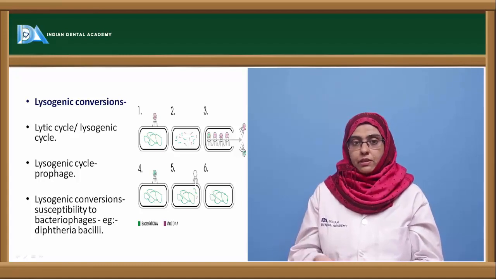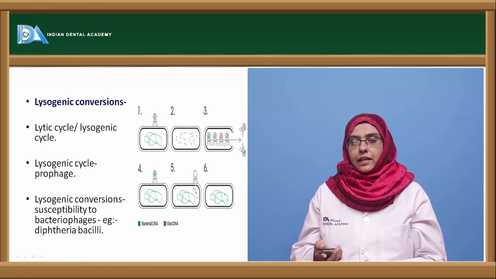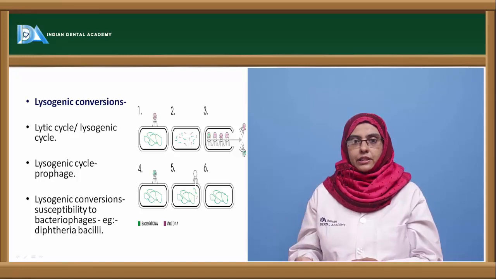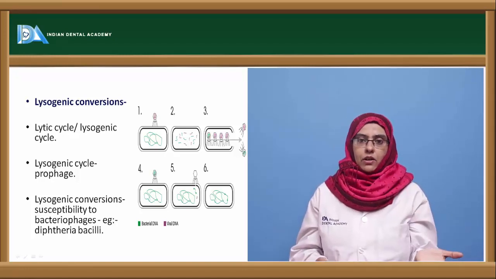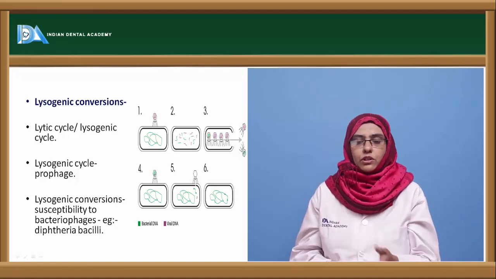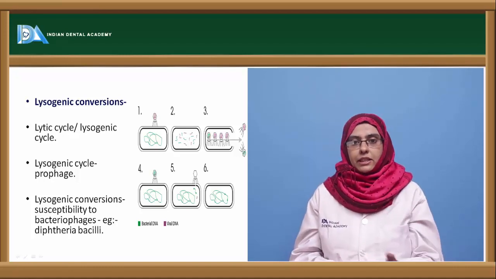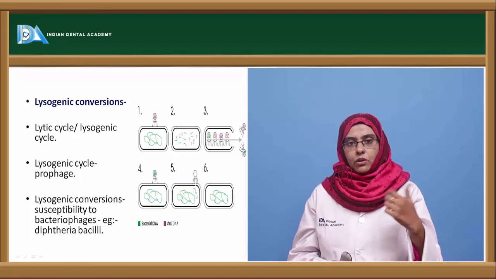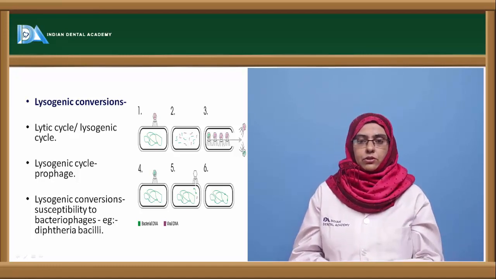The best example is the diphtheria bacilli. And once the viral nucleic acid is removed, the organism is not able to cause any type of infection, because there is no tox gene present in the bacteria to cause pathogenesis in the human host.